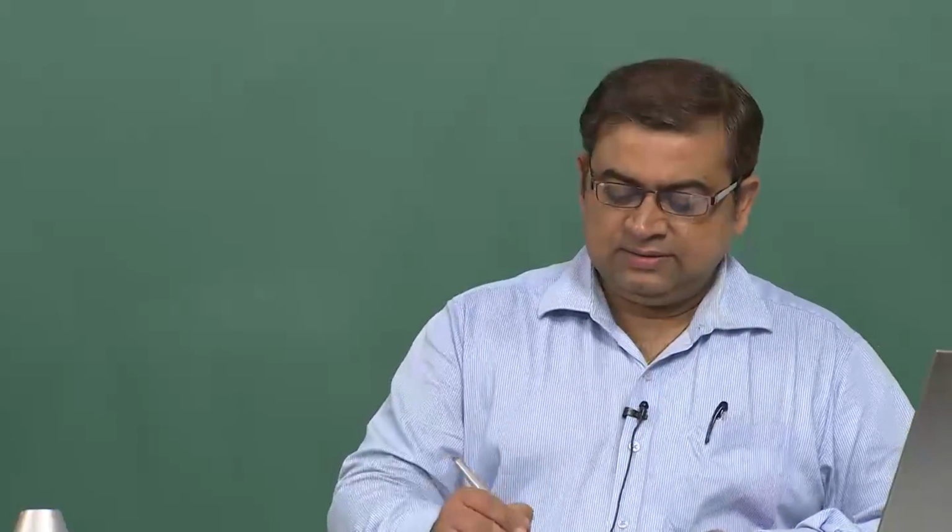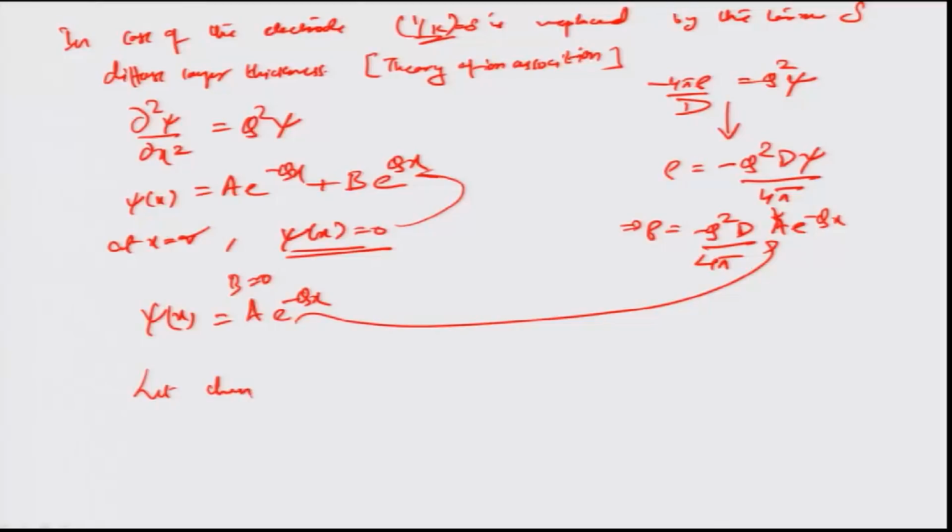So, here let charge density on the surface of the electrode be recorded as sigma per unit area.